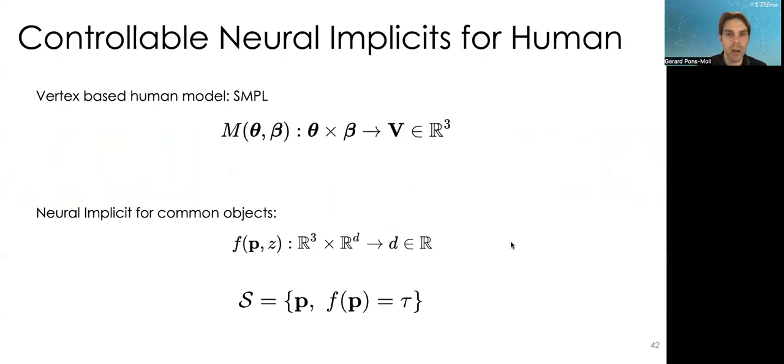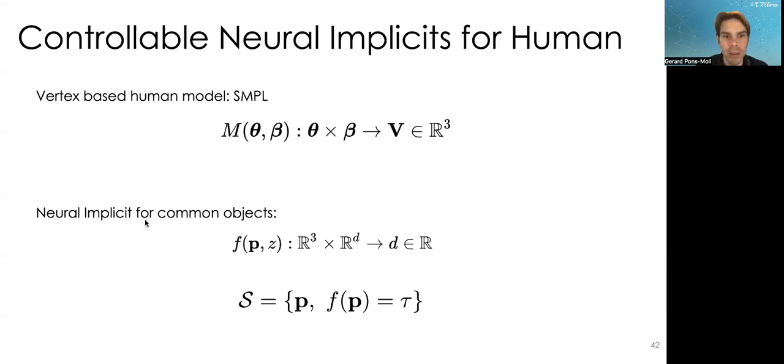Basically, the vertex-based human models were a function mapping from pose and shape parameters to the 3n vertices of a model. Here V represents a vertex, so that's why this is 3-dimensional, and you would have this for every vertex in the model.